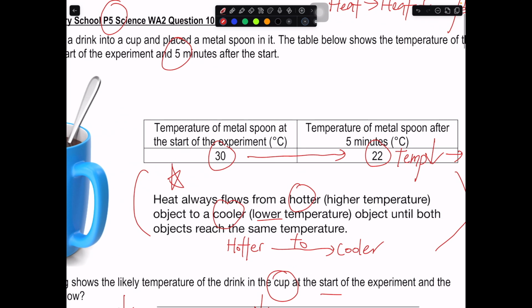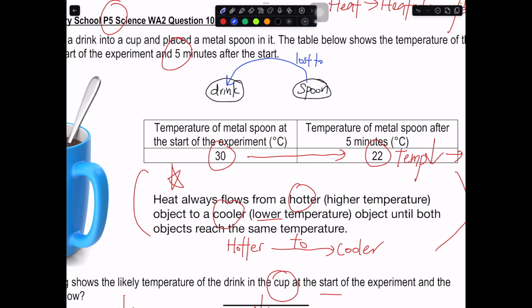So if I were to draw this in this case, the spoon and the drink. So you can see that the spoon lost heat to the drink. So the drink must have gained heat from the metal spoon, and then probably the temperature is going to increase.